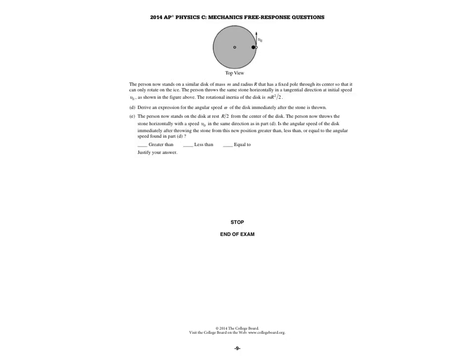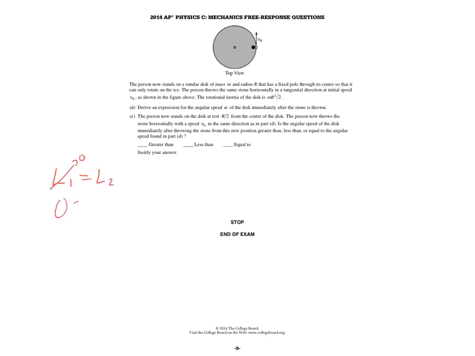All right, final bit: now we got to throw in some stuff from our most recent unit. So we got to throw in some angular momentum. We want to derive an expression for the angular speed of the disc immediately after it's thrown. The key here is that the same thing is going to be happening here. Angular momentum 1 has got to be equal to angular momentum 2.